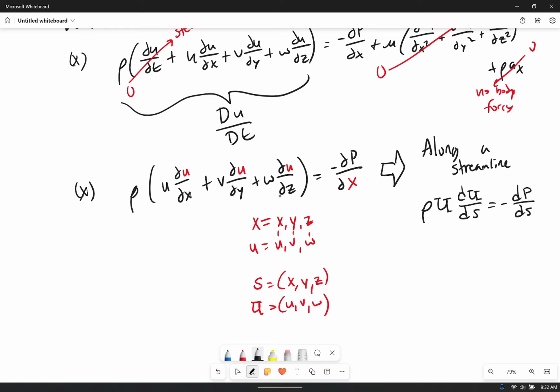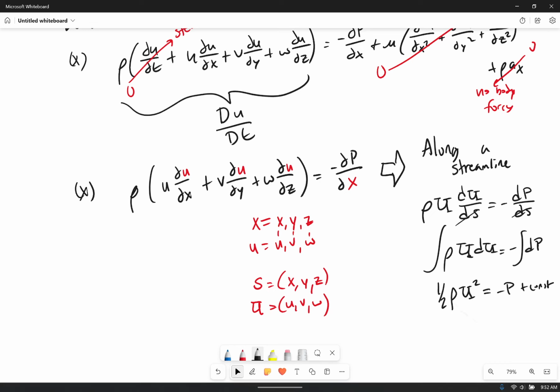Now, I see ds on both sides, so I cancel them. Gone. And then I can integrate. I have my integral of rho u du is going to be equal to negative my integral dp. And if I do that, I get a pretty easy integral, which simply says that 1/2 rho u squared is going to be equal to my pressure plus a constant.